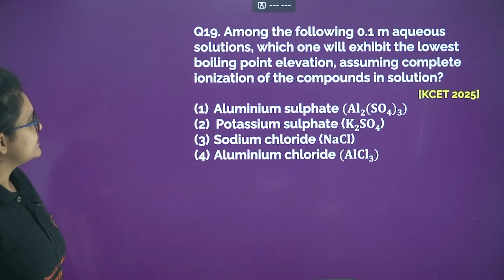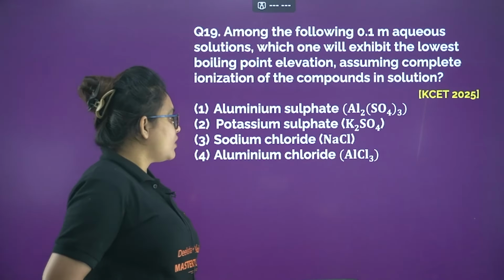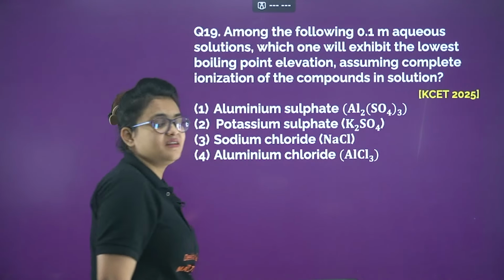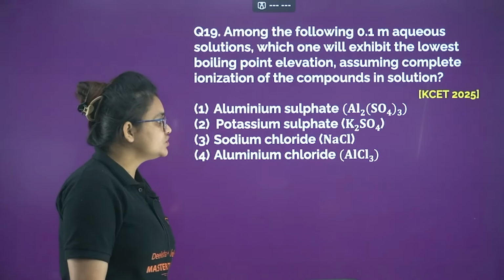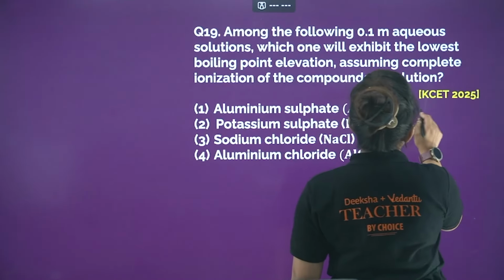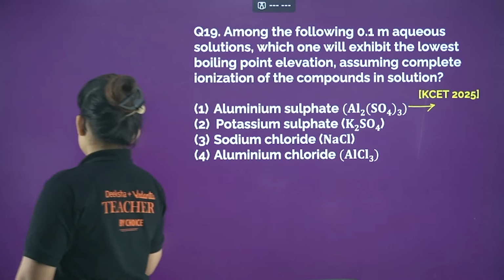Among the following 0.1 molar aqueous solutions, which will exhibit the lowest boiling point elevation, assuming complete ionization. Here what you have to calculate, all of them are electrolytes, so you have to calculate the i value. How should you calculate? You can see Al2(SO4)3, one by one I am doing here.